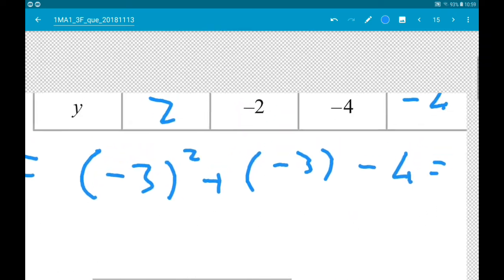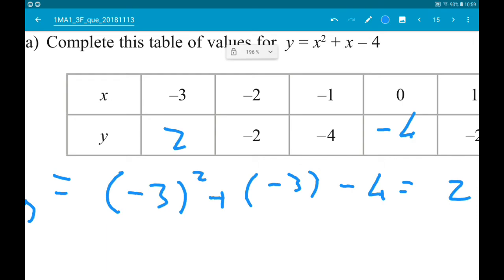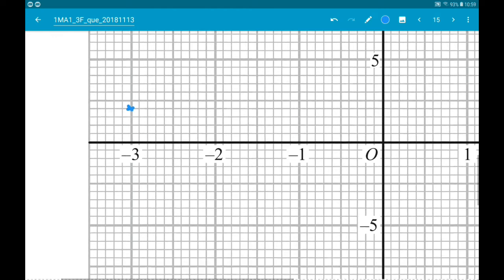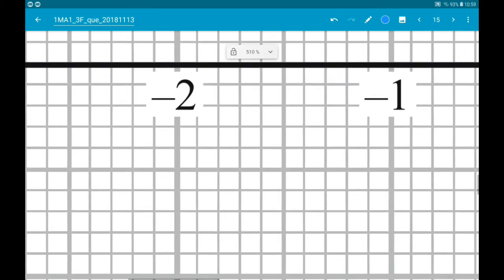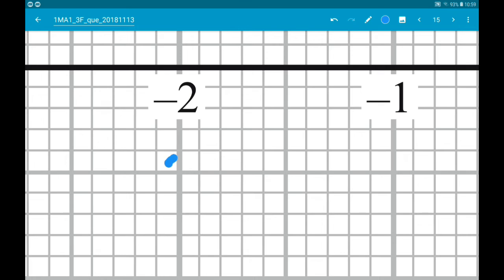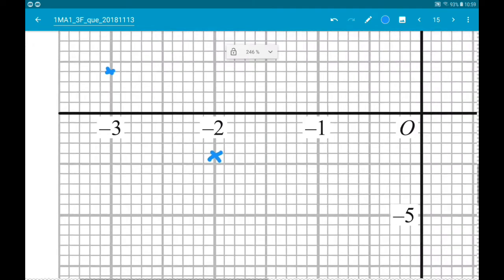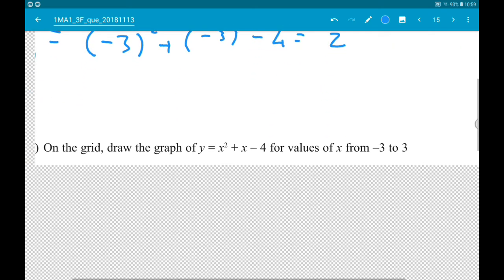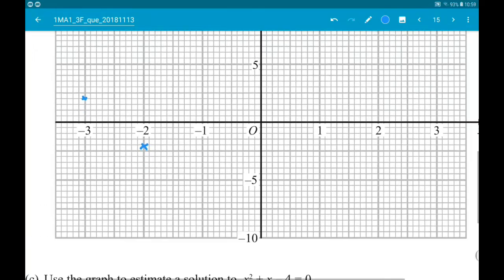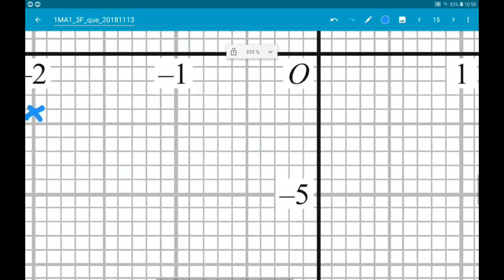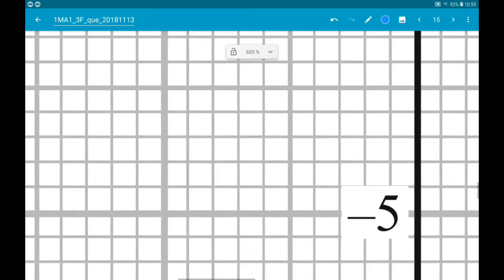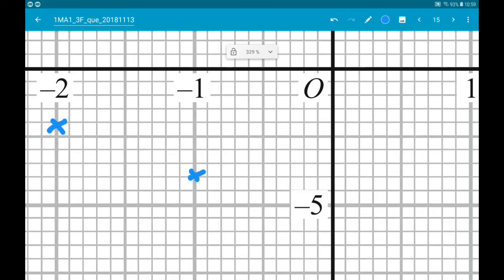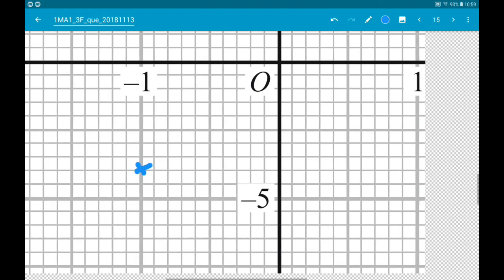Then we want minus 2, minus 2. So that's going to be there. And then we want minus 1, minus 4. So minus 4 is going to be there. We also had 0, minus 4.